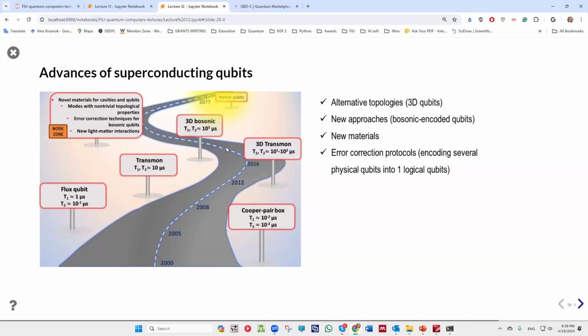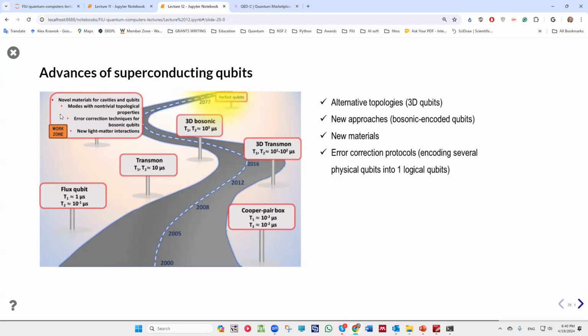We already have an improvement in T1, T2 on the order of 10 to the power of 5. So it's hundreds of thousands of times better than when the qubits just appeared. That's a huge development, but of course, we need more.